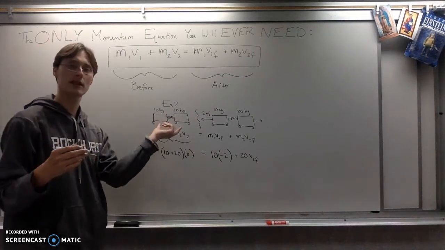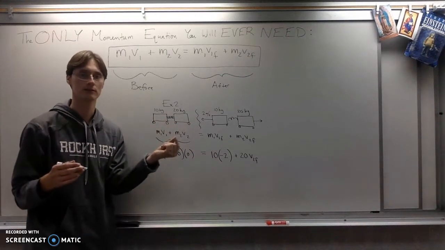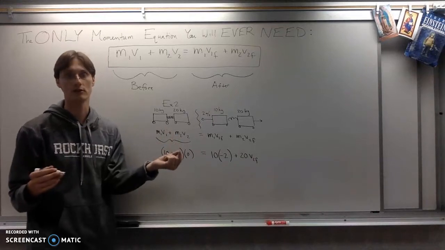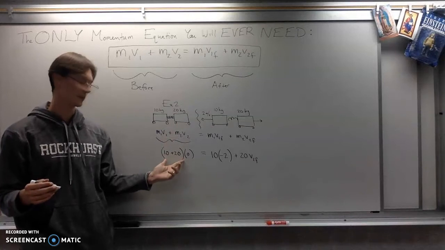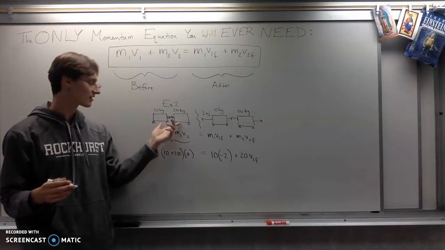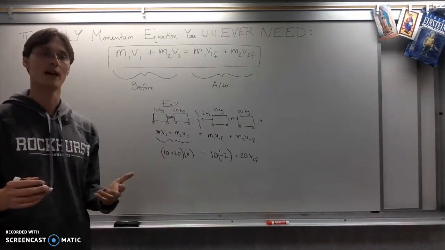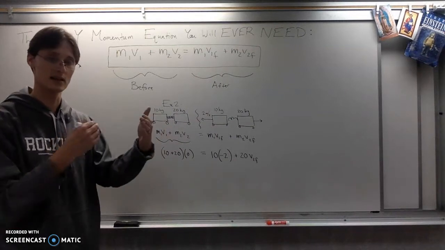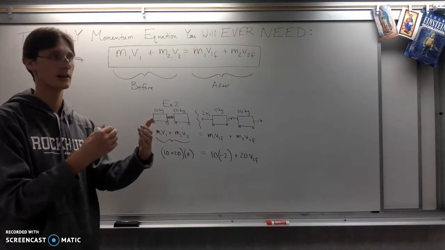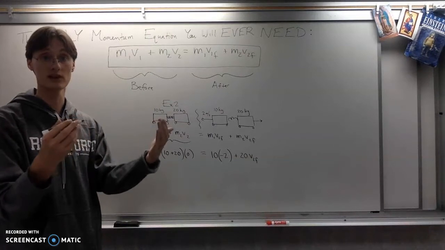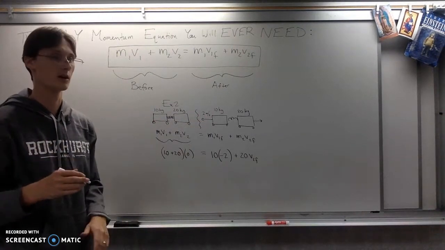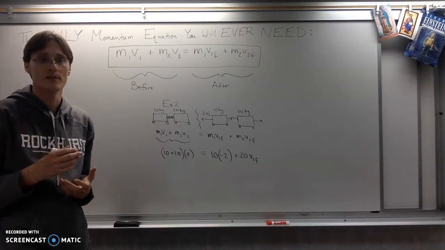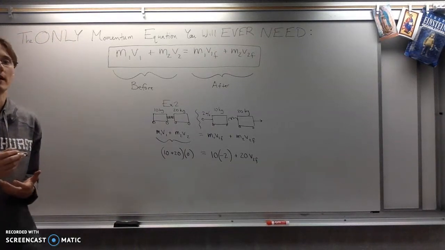But when you have two things that are lumped together, before or after, depending on what you're doing, it often makes sense to write it like this. These two are like one object because they're initially touching. Later on, when we do collisions, you'll see problems where something sticks to something else, or somebody catches something, and then they're rolling along backwards.